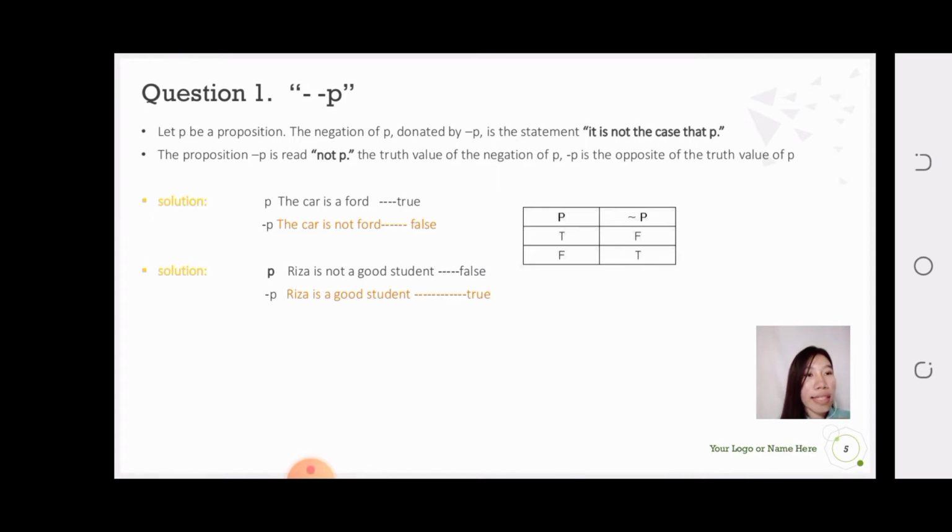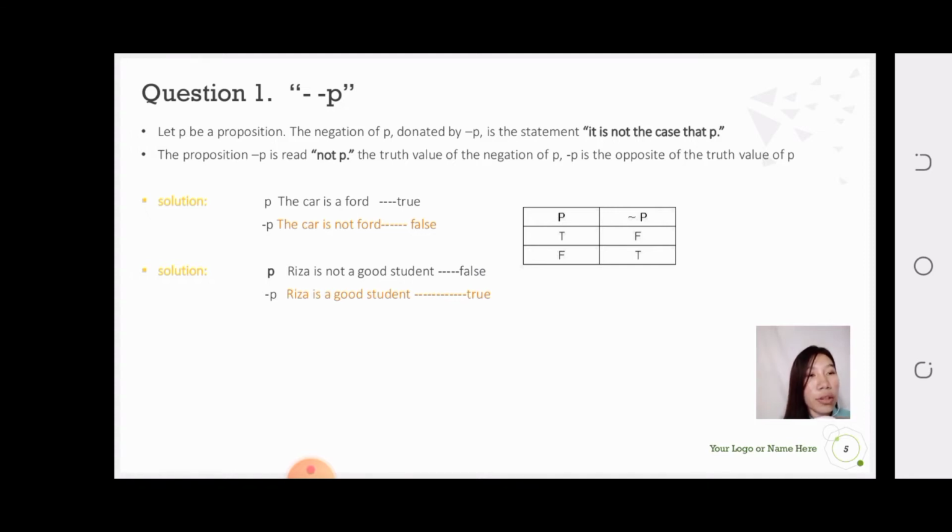And then, the second, so, ang kalahian nila sa P and negation of P, it is true and false. So, ang false sa negation of P is not. Diba? Nag-ingon ta ganina, it is not the case that P. So, example of number 2, or solution of number 2.